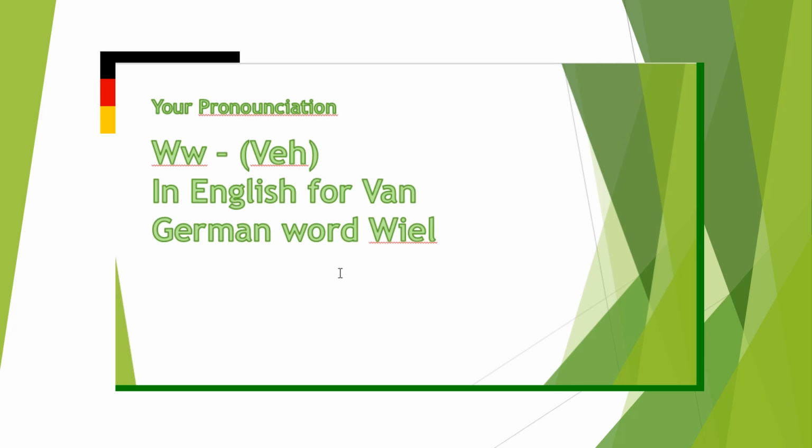W is pronounced V, like the English word van. German word Wasser. Wasser means water.